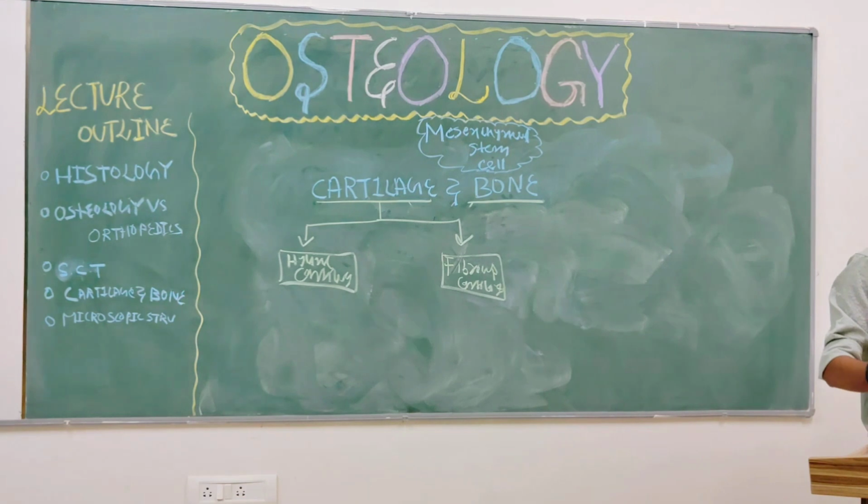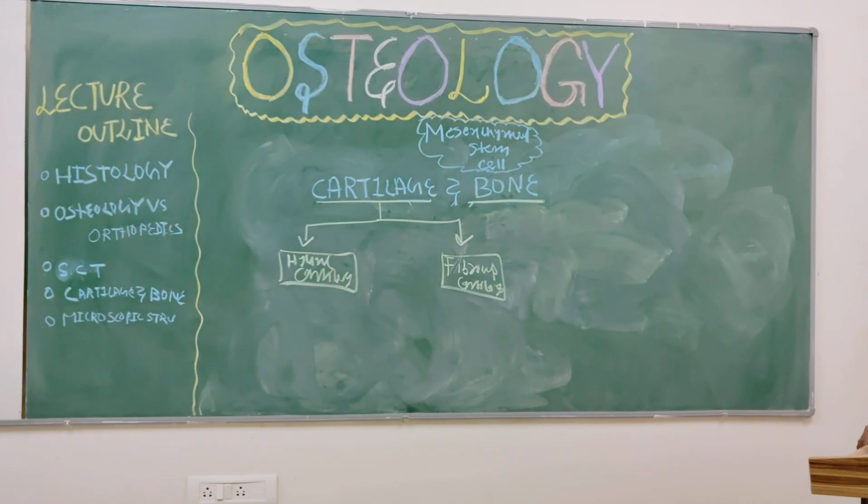For the hyaline cartilage, write down the examples: it is present in the rings of trachea and bronchi, nasal septum, and sternum part of the ribs. Whereas fibrous cartilage has two types: the first is called white fibrous cartilage and the second is called yellow fibrous cartilage.